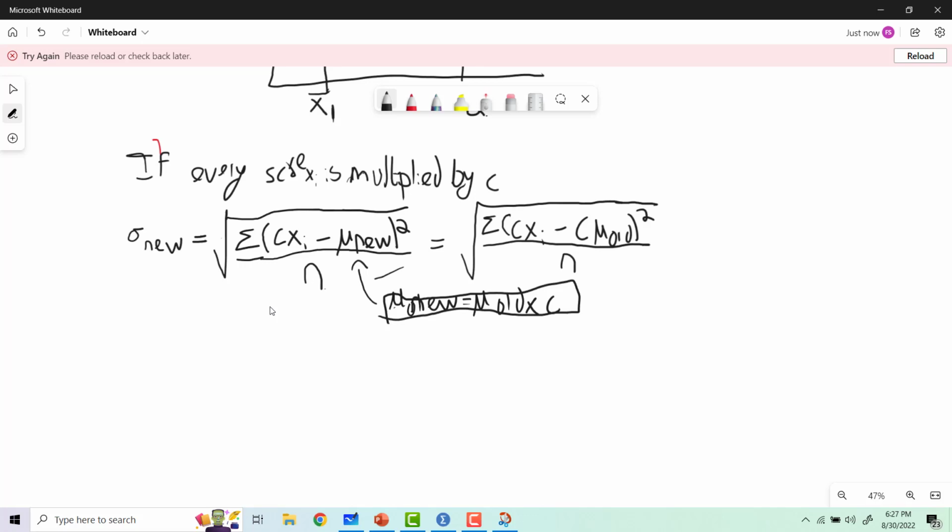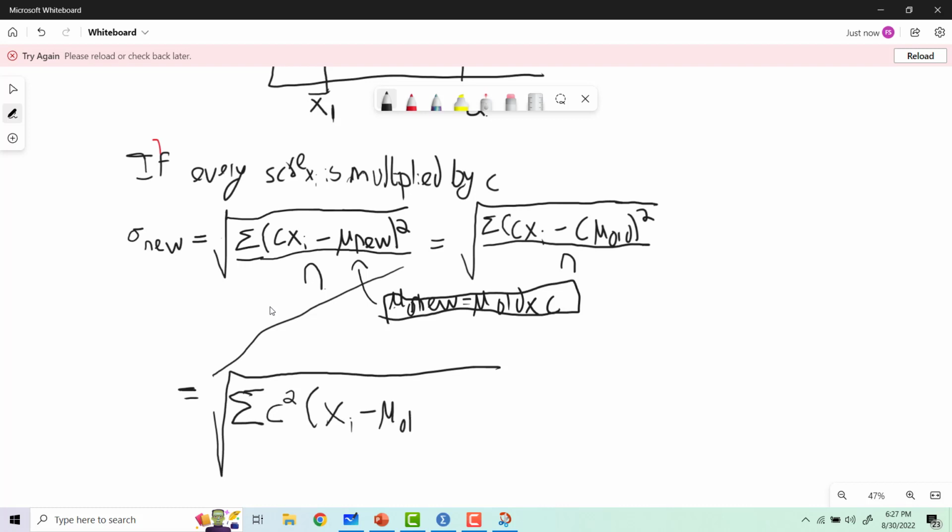Because all this is in a square, we can take the c out, but because it's squared, it's going to be c squared, times (xi minus mu old) squared, all divided by n.